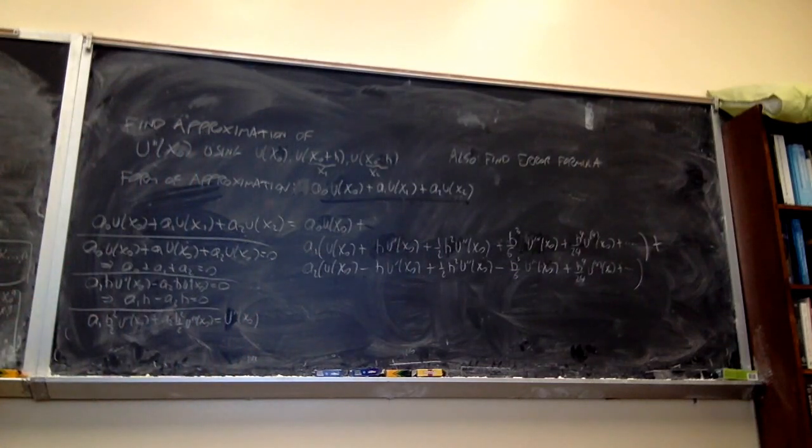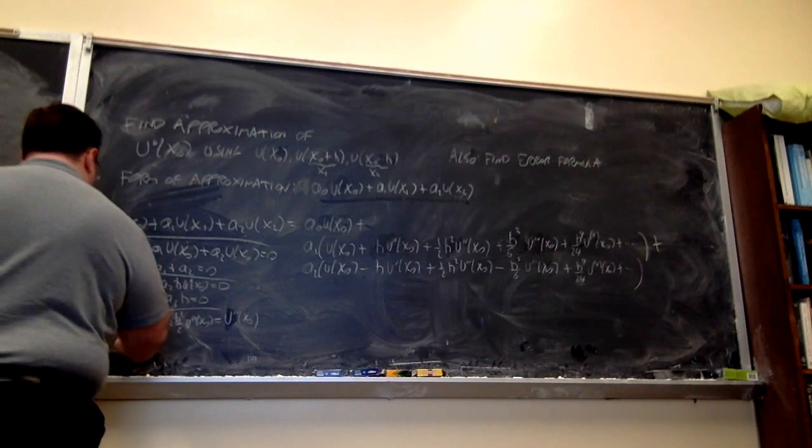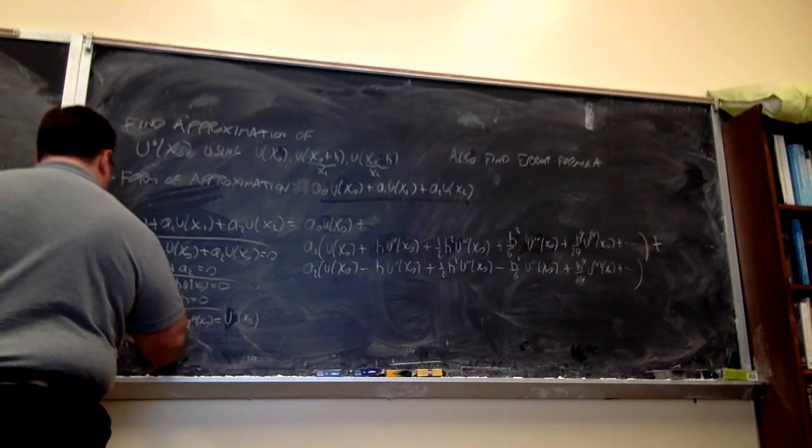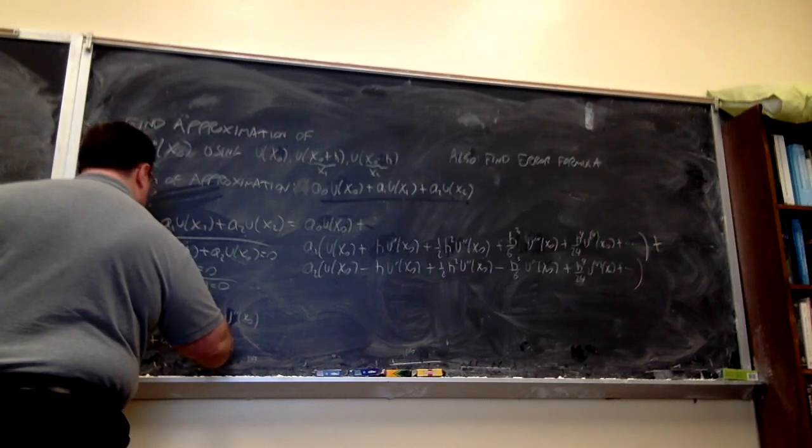That's what I want those terms to become. Now I can divide both sides by u double prime of x naught, and then multiply both sides by 2. So then it gets a1 h squared plus a2 h squared is equal to 2.